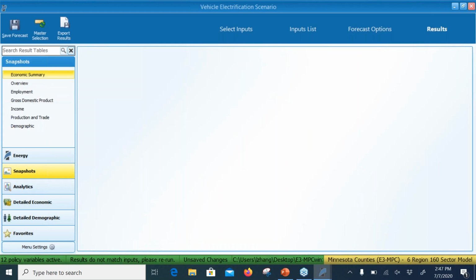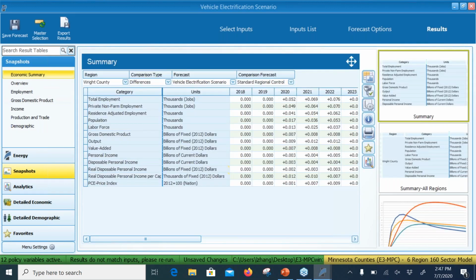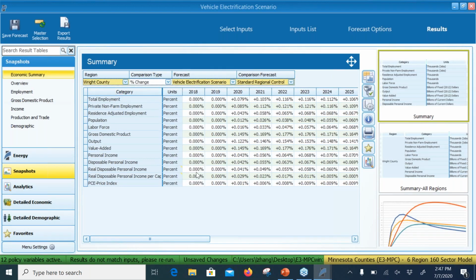And then for the non-energy side, like I showed you before, we can look at how things like the macroeconomy as a whole are impacted. So this increases a lot of macroeconomic indicators, such as employment, gross GDP, and population, and so on.